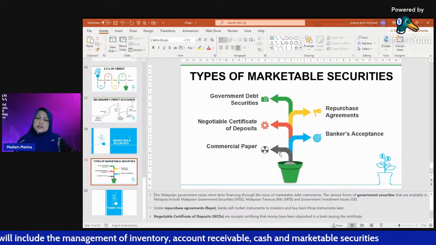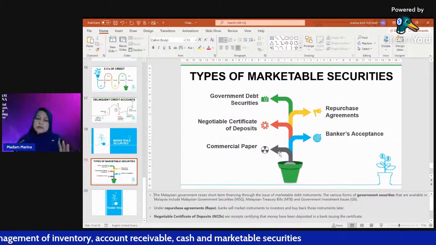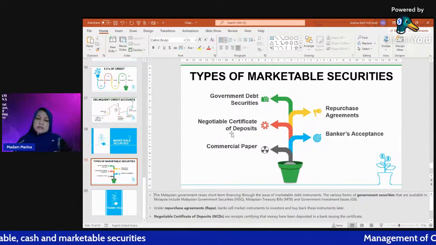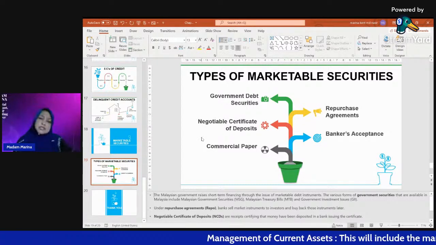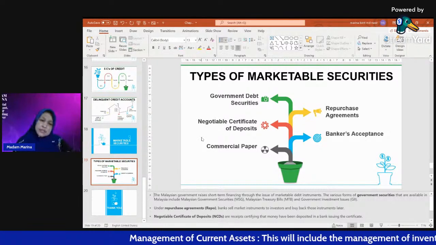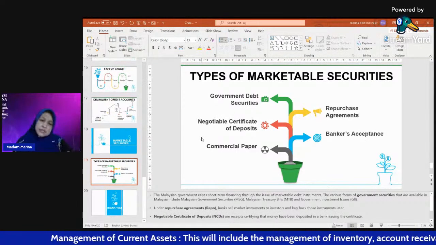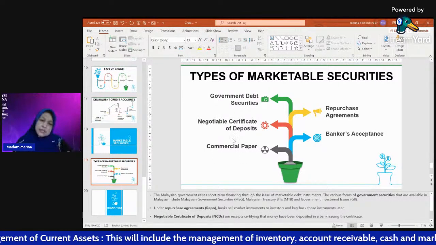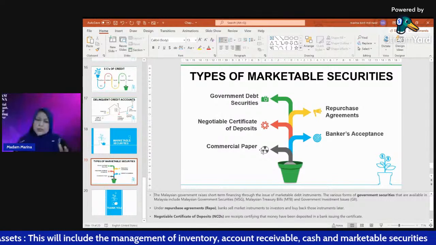My definition before that is actually for commercial paper. Commercial paper is granted from the financial institution to any companies or any businesses. What are the differences between commercial paper and bank loan?